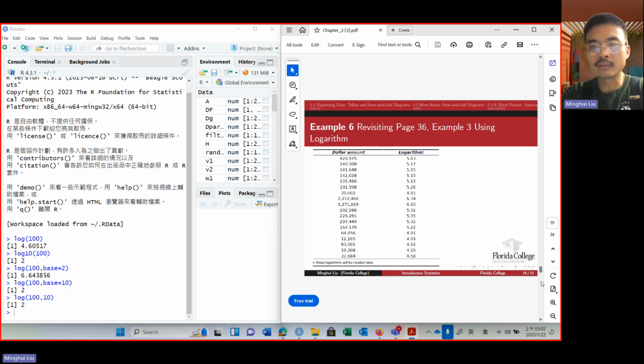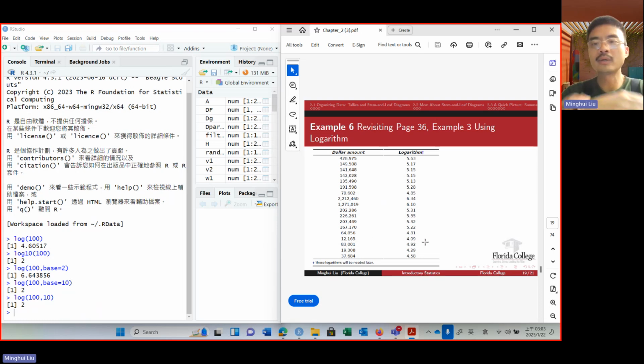Now, look at example 3 on page 36. Remember that we have dollar amounts ranging from as small as about $12,000 to $2 million. This is a very large range of data, and creating a histogram is theoretically possible, but very difficult because of the large range. However, if you take the common logarithm of the data, 2 million becomes 6.34 and 12,000 becomes 4.09.